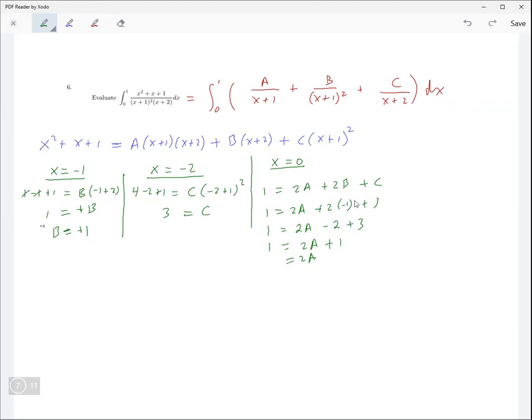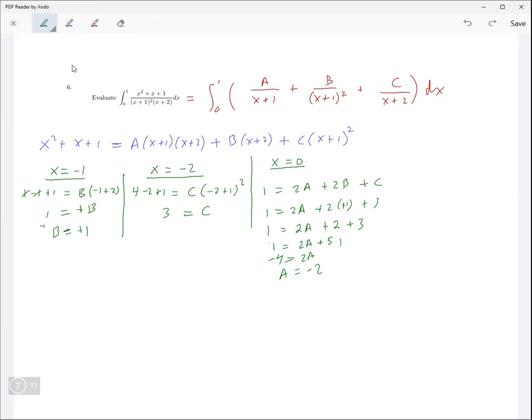So b is a positive 1. So a is negative 2. Okay. So b is positive 1, a is negative 2, and c is 3.